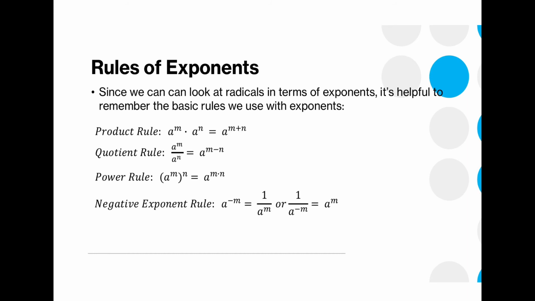Okay. And then we have the power rule. This is what we looked at previously there. Any base with a power raised to another power means that to simplify that, we would multiply their exponents. So, like I showed earlier, but I guess it's helpful to show it a second time.